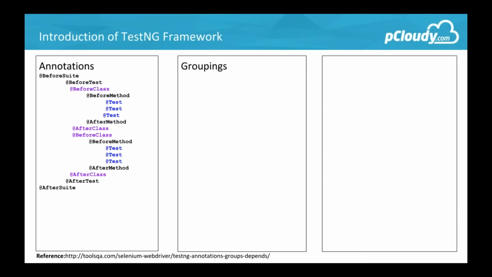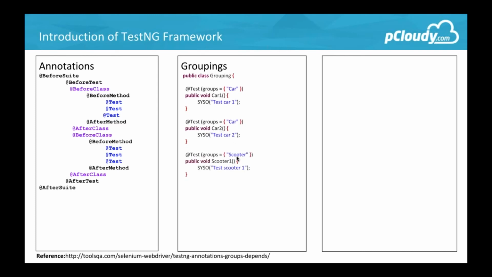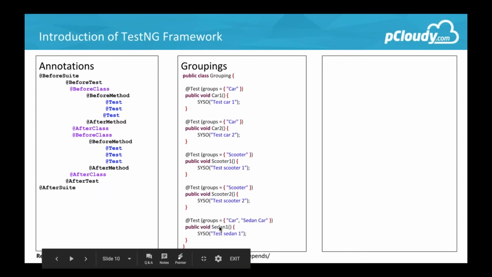Then we have the groupings. Suppose there's one test for a car. I can give it the group car. I have another test for car, and then I have some tests for a scooter. I'll mention the test group is scooter over here. Another test for a scooter, again group is scooter, and I have another test for a sedan. A sedan is a sedan car as well as it is a car.